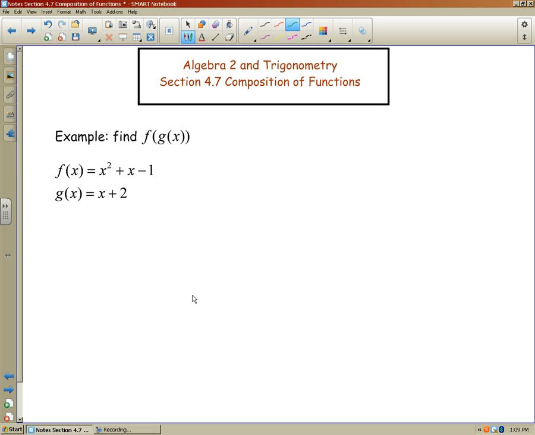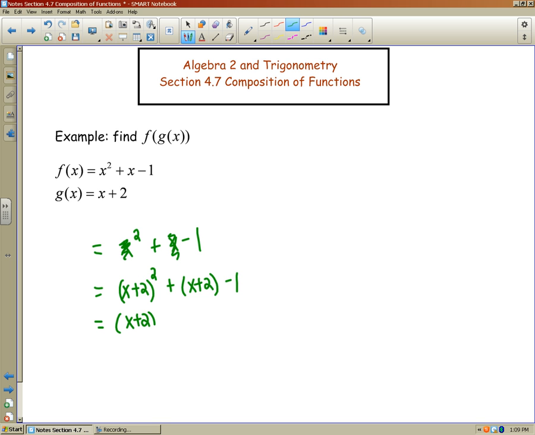And the last one. Try this one again on your own. Pause the video, try it, and then look at my work. Notice here when you're plugging g of x into f, there's more than one x in f of x. You substitute in for every single x. So you're going to substitute x plus 2 into here and to here. So we have x squared plus x minus 1. Again, make the substitution. Don't put in x, but rather put in g of x: x plus 2 squared plus x plus 2 minus 1.